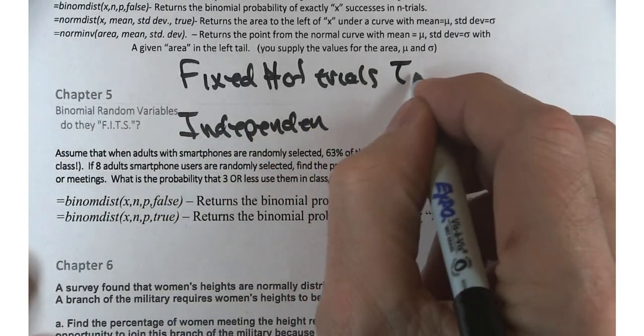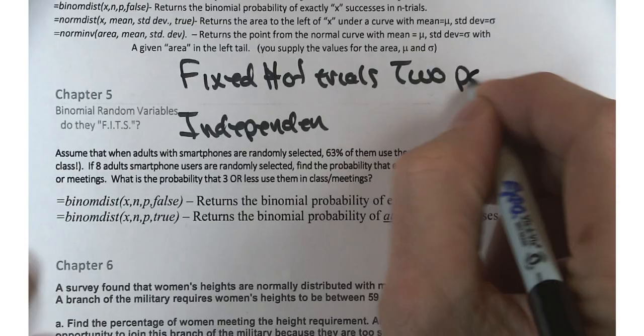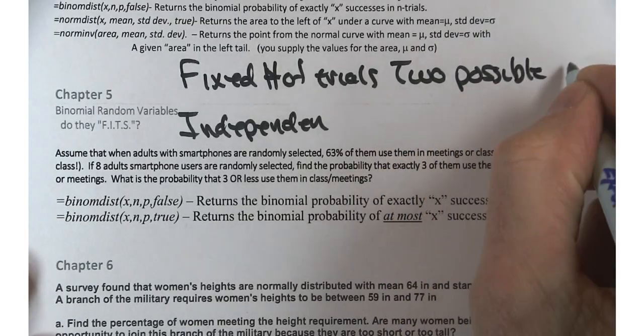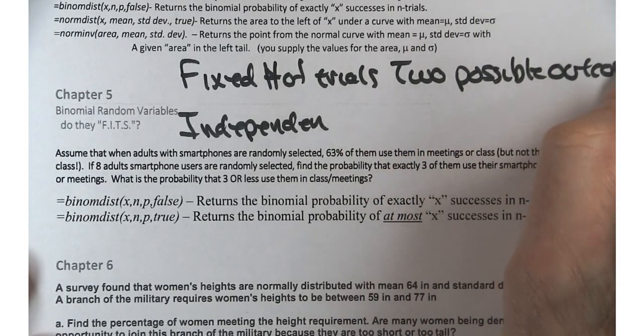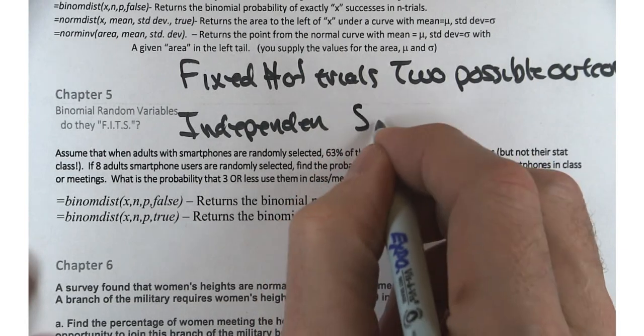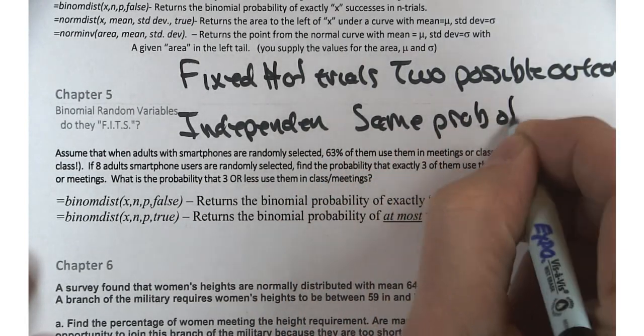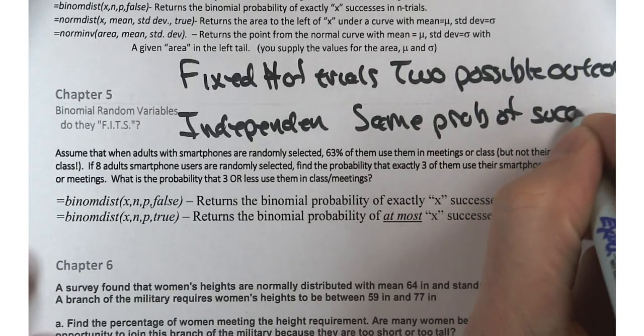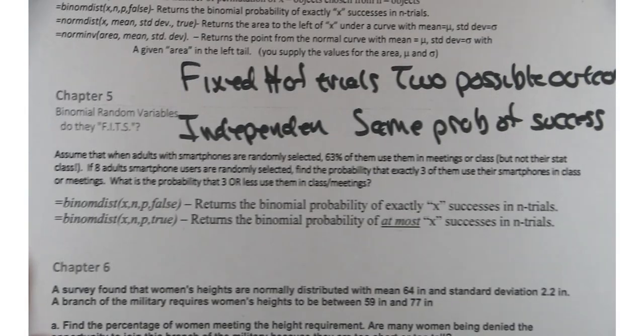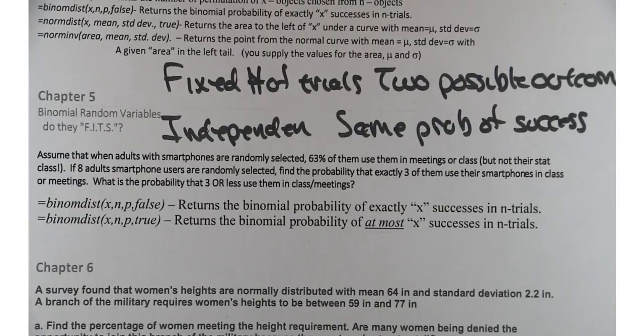Oh, well done. 2 possible outcomes. Oh, well done. Same probability of success throughout your trials. So that's when to apply a binomial random variable.